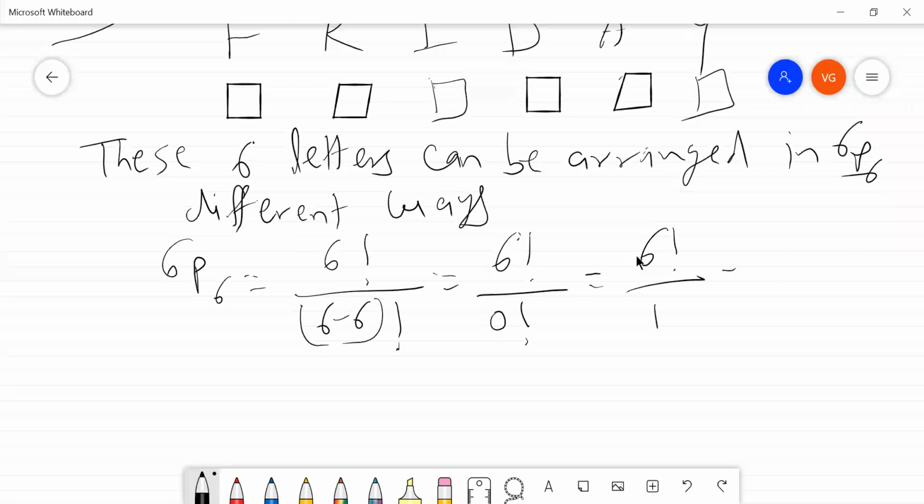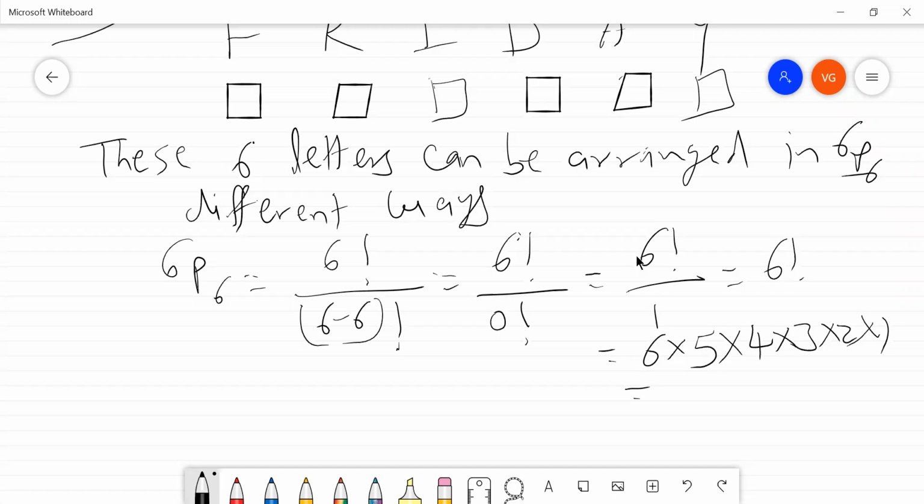So the answer will be 6 factorial, which is 6 into 5 into 4 into 3 into 2 into 1. That will give you 720.